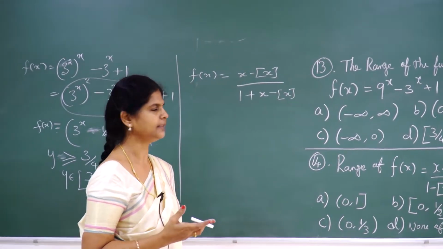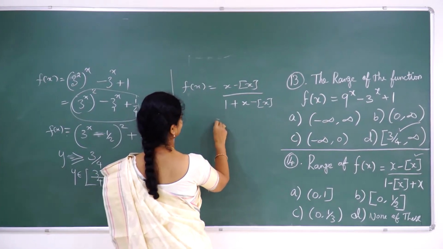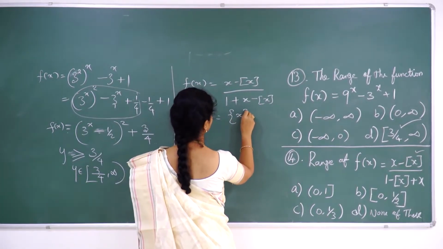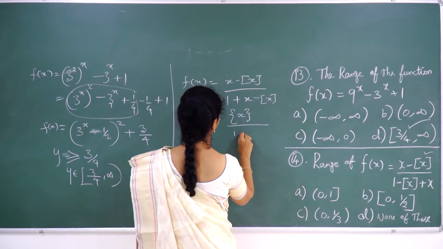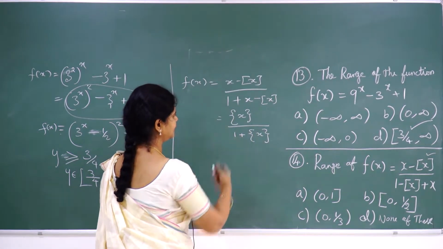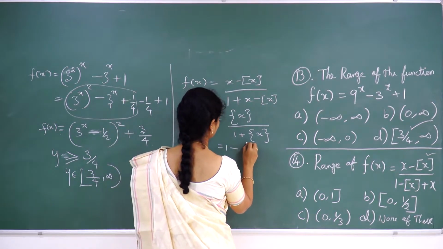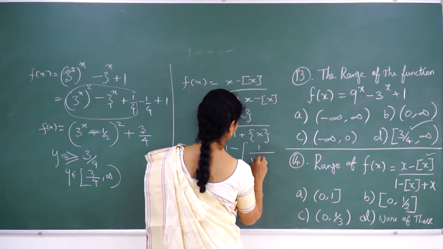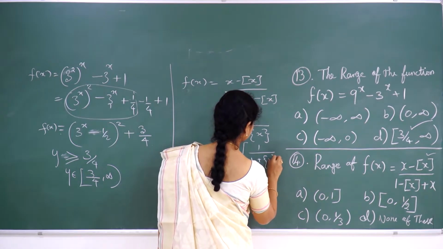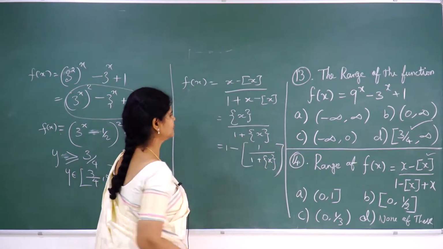So x minus greatest integer is nothing but your fractional part function. So you can write this function as 1 minus 1 by 1 plus fractional part, since when you simplify this, you get the original function.